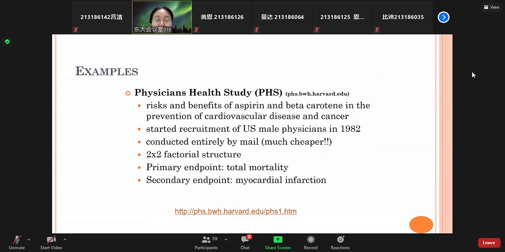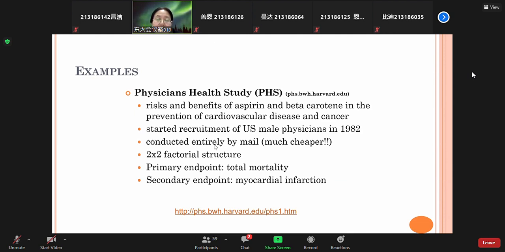Here I give an observational study, a cohort example, a data set. This is a large cohort, the Physicians' Health Study in the USA.